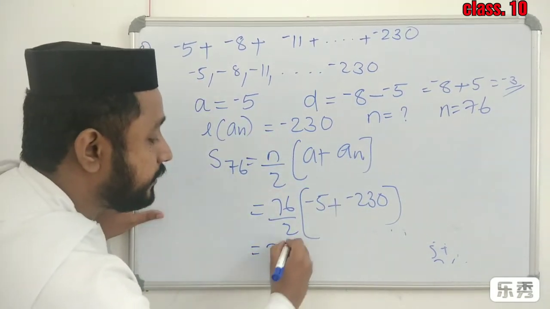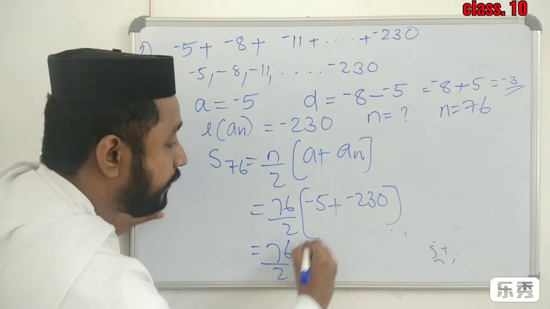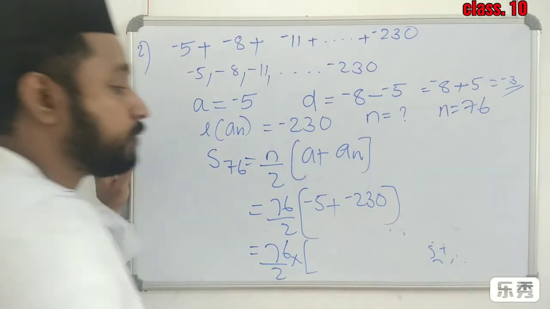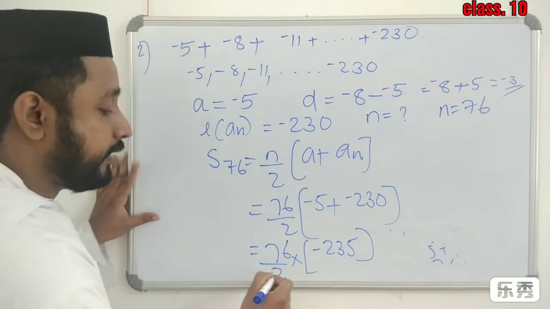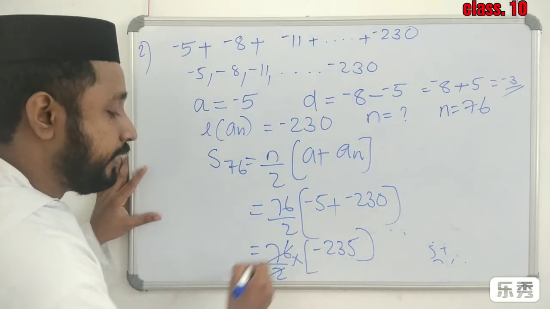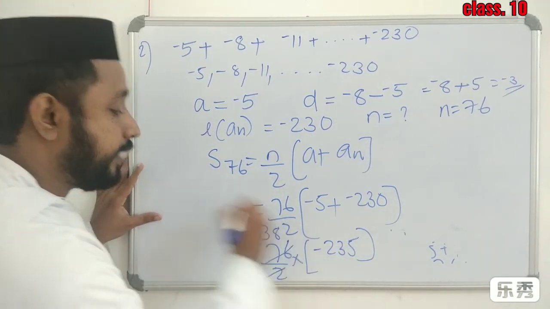So 76 by 2 into (minus 5 plus minus 230), which is minus 235. We can cut 2 and 76, and we will get 38.